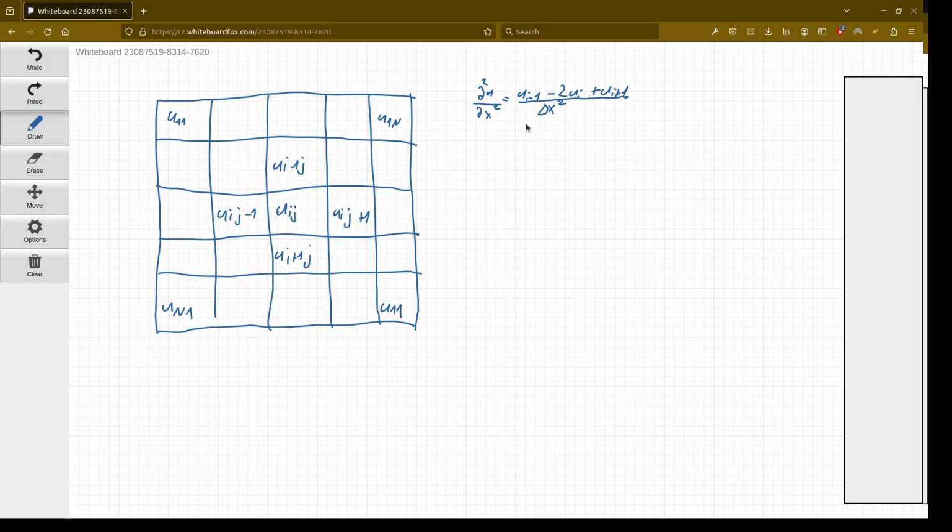The second derivative in x is going to depend on uij and on the following cell and the cell before in x direction. But since we have not only the derivative in x but also in j, this is going to depend on the cell before and after, but this time in y direction.